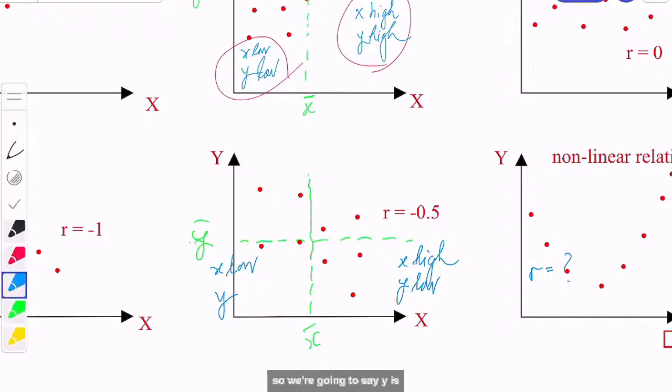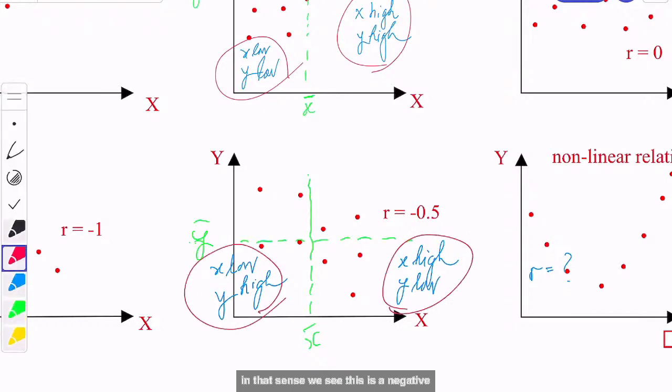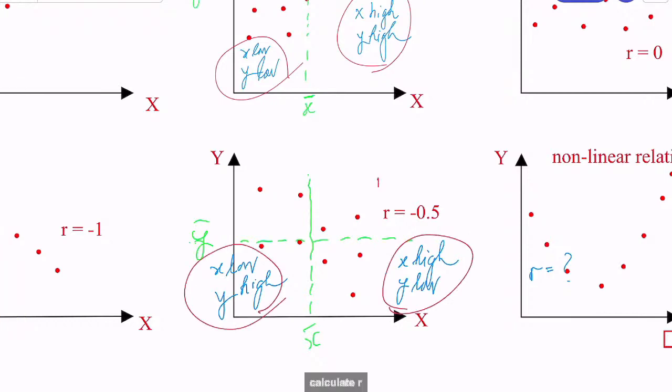So we're going to say y is high. Okay? So these are opposing. In that sense, we see this is a negative relationship, and it turns out when you calculate R, you get this negative relationship.